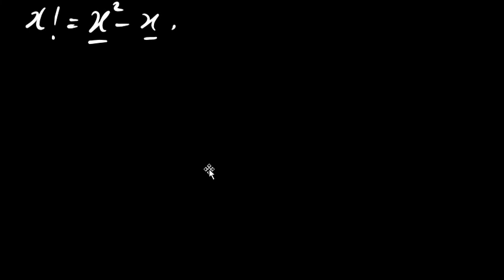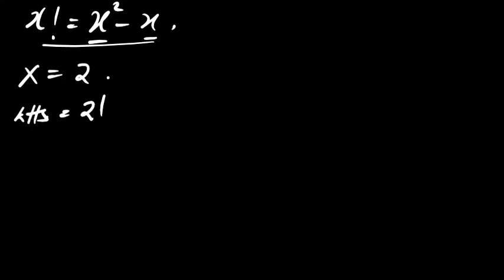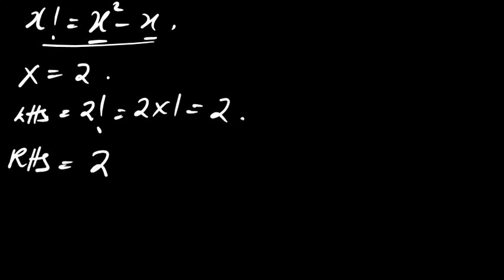For x equal to 2, let's put it here. The left hand side will be 2 factorial, which is equal to 2 times 1, which is 2. The right hand side is 2 squared minus 2, which is equal to 4 minus 2, which is equal to 2.